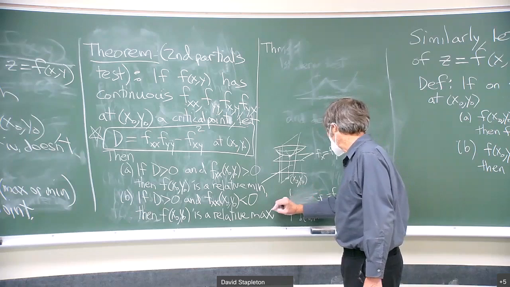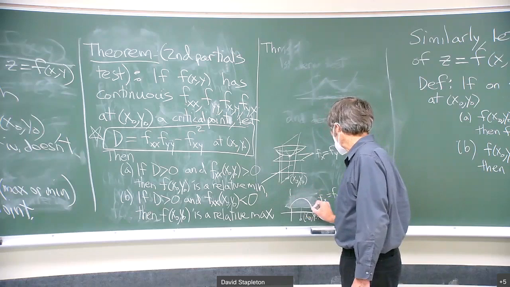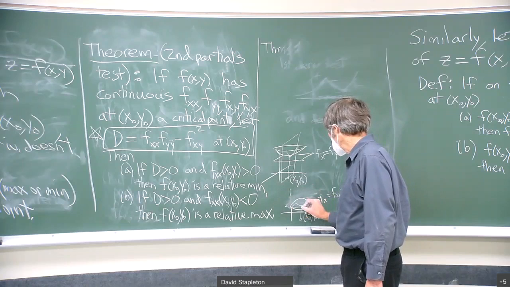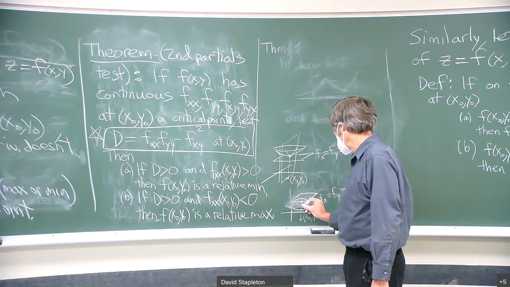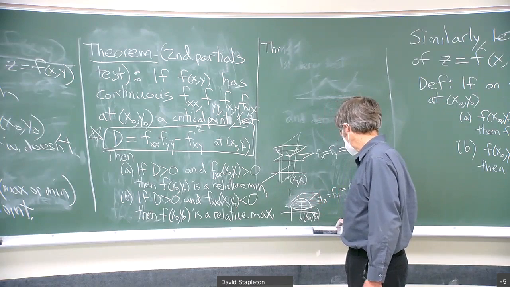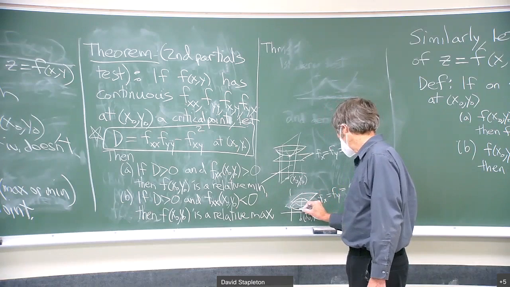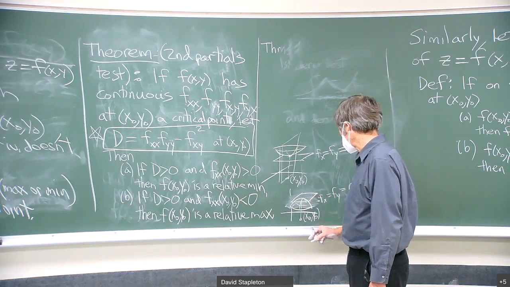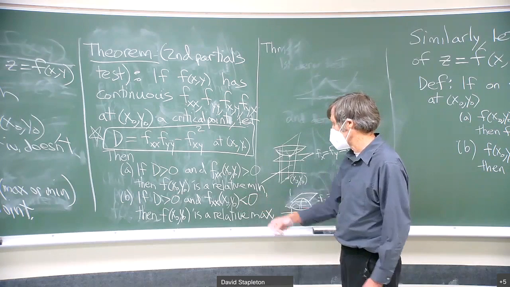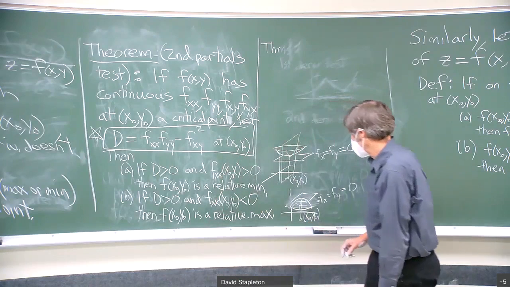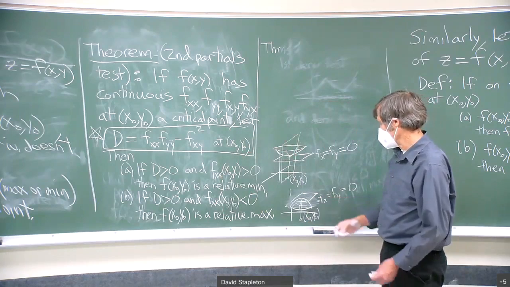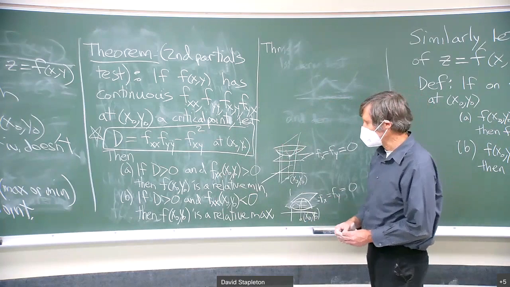Oops, try again. Supposed to be a maximum this time. So maximum up here with a horizontal tangent plane. And now you take the trace moving in the x direction, and it's concave down because the second partial derivative in the x direction is negative. Then you say, oh, it must be a maximum. And sure enough, it's true.